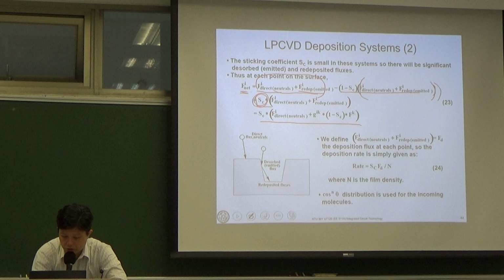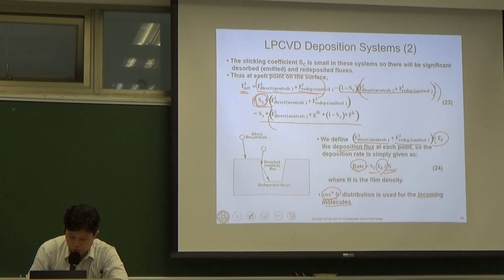This direct and redeposition term we call F_D. This is the deposition flux at each point. So now we have this rate equals SC times F_D, divided by your density. Now we also can consider this cosine theta term to account for the incoming molecules with different angles.